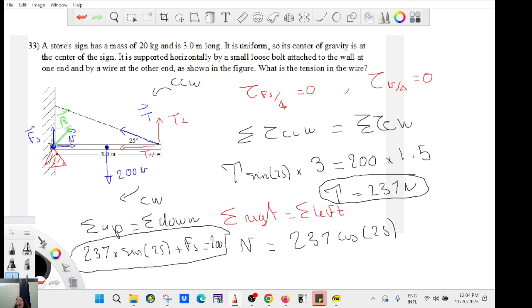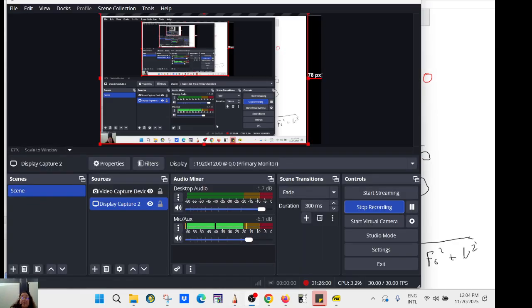We want to find R. We want to find the magnitude of R. So in that case, the magnitude of R will be the square root of the normal force squared plus the friction squared. They will do that in engineering. But otherwise, that's on the final. You have one like this. Any question?